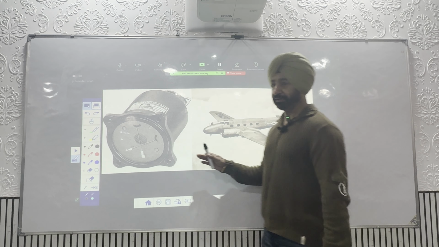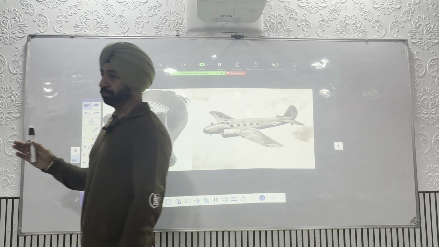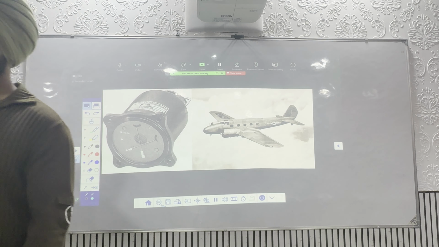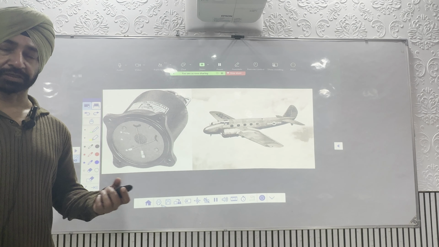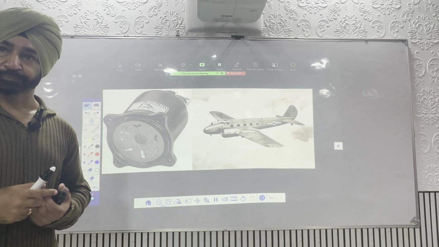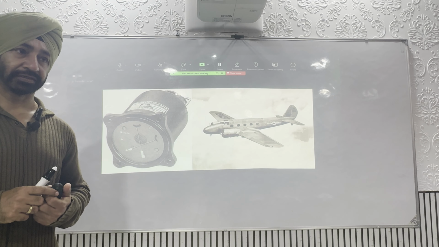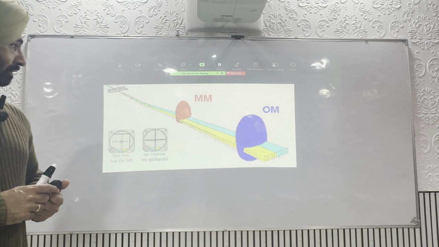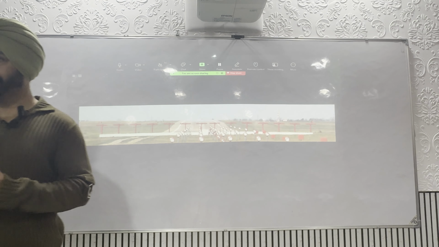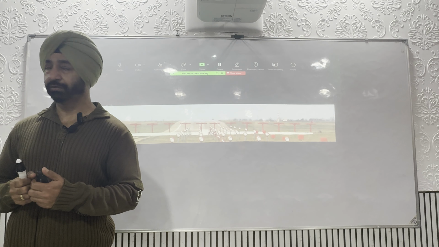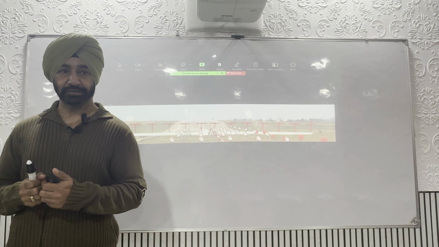So this is the first ever ILS which was used when they started flying. Nothing has changed. The working principle is the same for so many years. So that's how this localizer antenna looks. At the end of the runway, we will see the layout also, what distance it is, that also we will discuss.